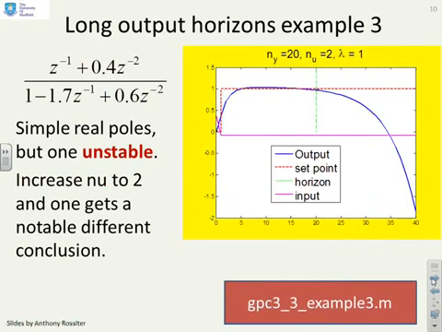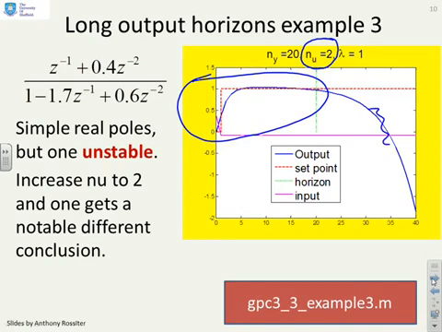Here's an interesting observation though. I've taken the same unstable example, but now I've made NU equal to 2 rather than 1. And because I've done that, there's some capacity in the predictions to actually stabilize this unstable dynamic. And you'll notice over the prediction horizon, now the predictions are looking fairly reasonable.